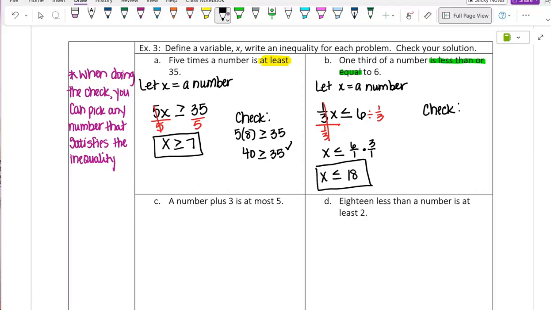So I'm going to check 1/3 times 9 is less than or equal to 6. Well, that's 1/3 times 9/1 is less than or equal to 6. So 9/3 is less than or equal to 6. 3 is less than or equal to 6. That checks out.